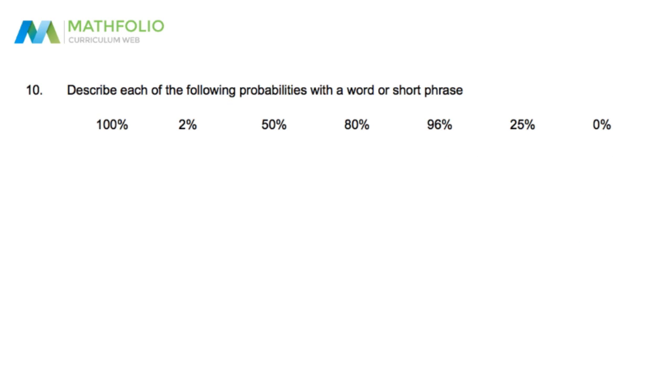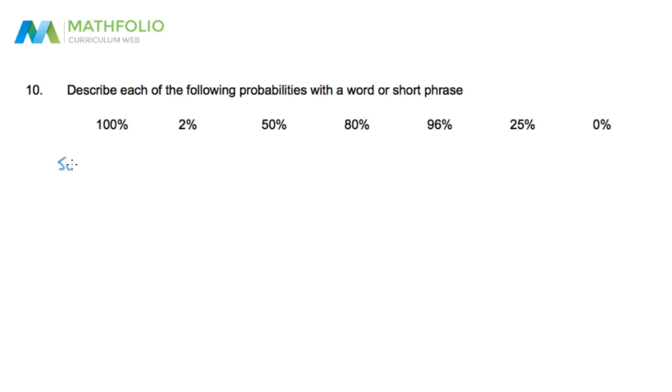Ten. This is the very last question in the first part of this 4-part series for the grade 7 math review. And so let's take a look. Describe each of the following probabilities with a word or a short phrase. So this is really about language. If something has a 100% chance of happening, then it's a sure thing.